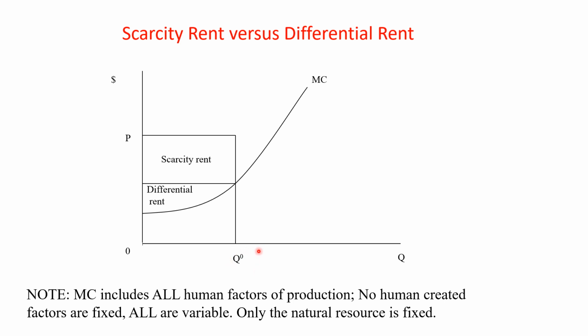For example, people think that oil and gas are limited and that the price is higher than the cost of production, in which case you get a scarcity rent. The same thing might be true in forestry. We have scarcity rents. The two together, the scarcity rent and the differential rent, constitute a natural resource rent.